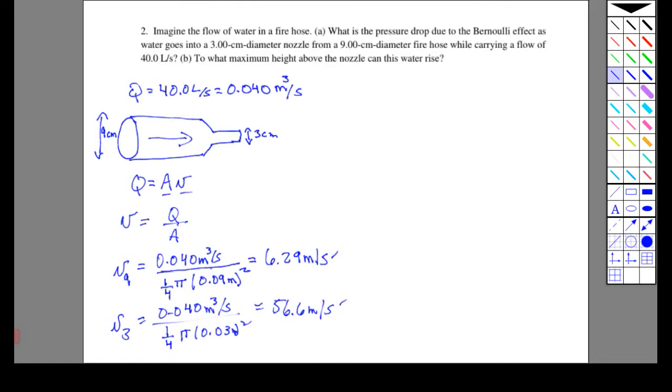Okay, so what we were asked, though, is to find the pressure drop. Well, so what we're going to do is we're going to turn to Bernoulli's equation for that.